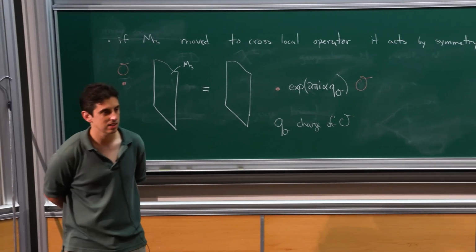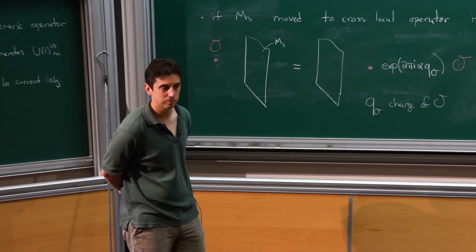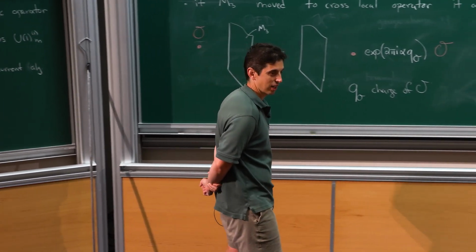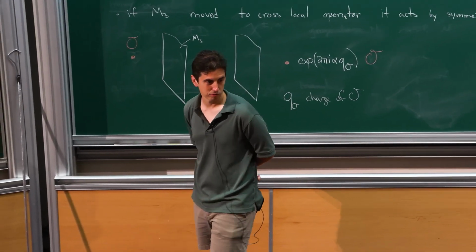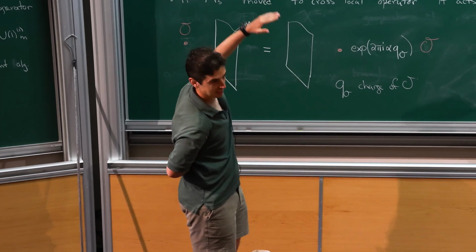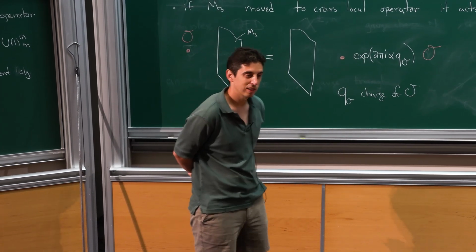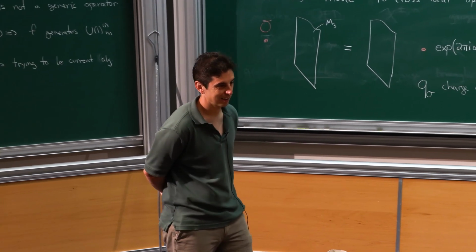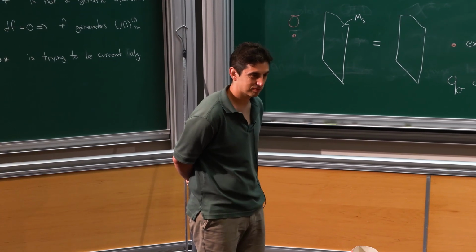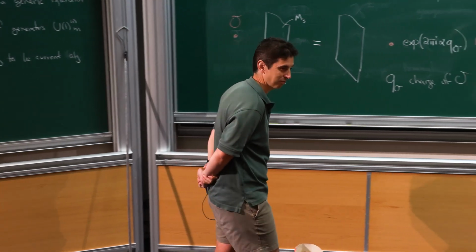This is something akin to asking about proving Noether's theorem, right? Imagine I give you a family of operators U alpha of M3 obeying these axioms. Could you prove that there's a germ of it, that it's really an exponentiated current integral, that there's a local operator hiding there?